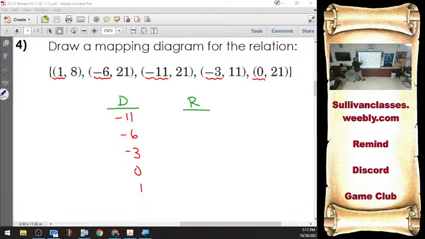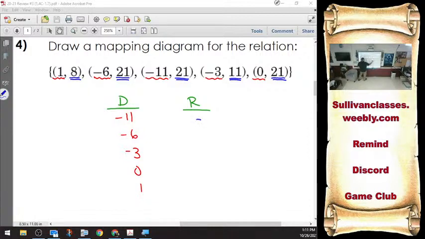Next, I'll list out all of my y's, because y's make range. Do you remember the rule? You don't have to say it more than once. Okay.